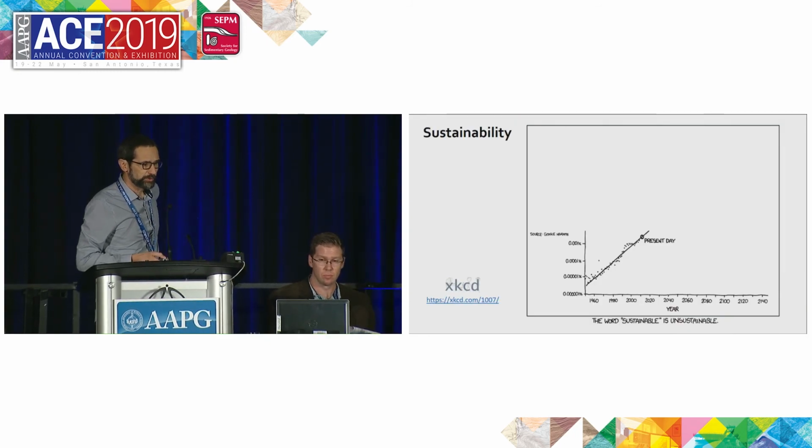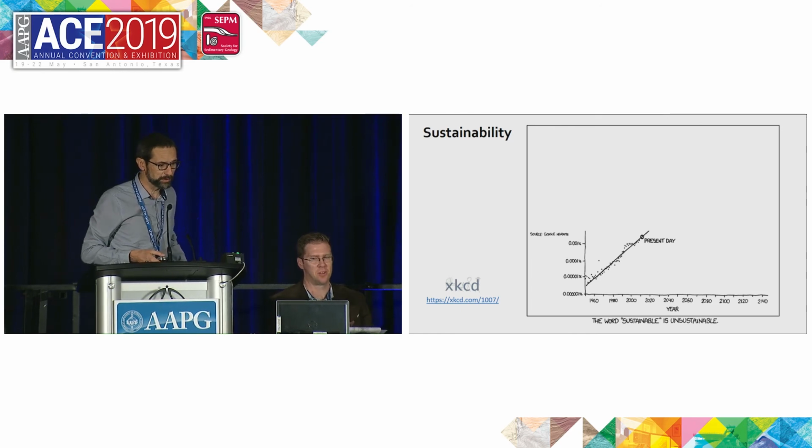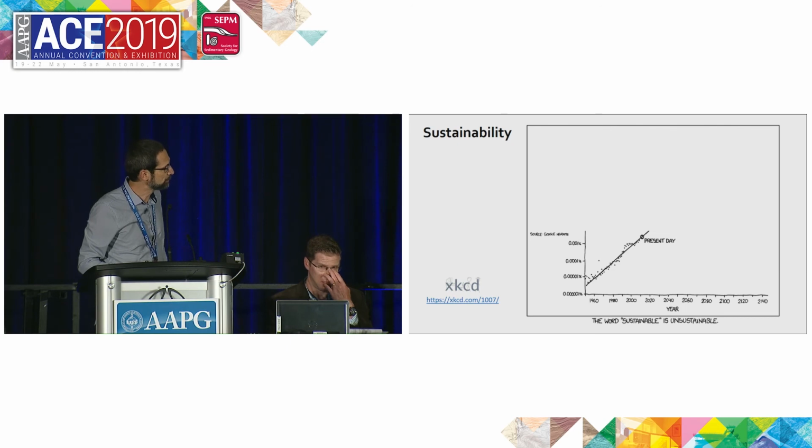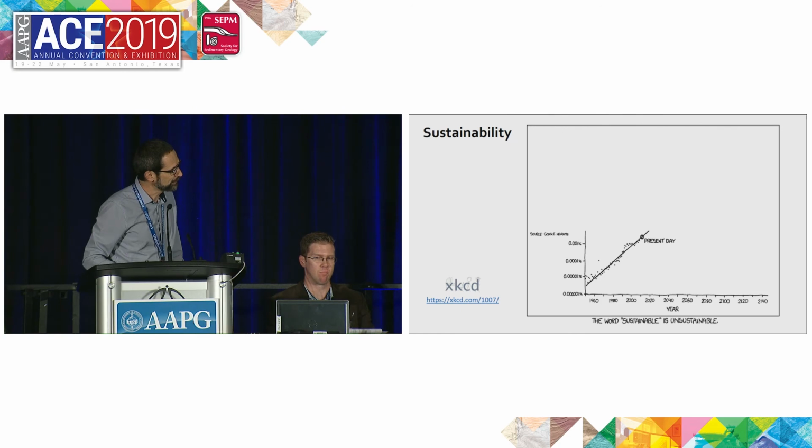This is a session on sustainability, so I think it's a must to look at this fine analysis by Randall Munroe of XKCD fame. And I think this is actual data showing the occurrence of the word sustainable going back in time.